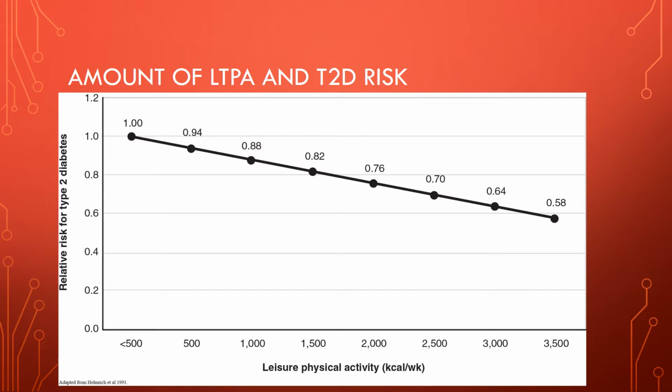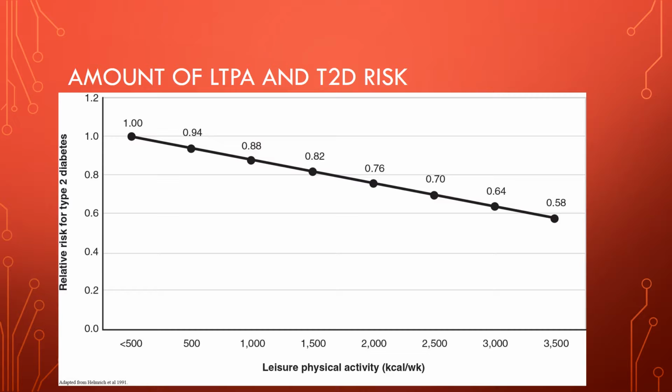So now let's look at some of the epidemiologic data showing the relationship between activity and type 2 diabetes. The first question is how does the amount of leisure time physical activity relate to risk of diabetes? So this is showing relative risk on the y-axis.